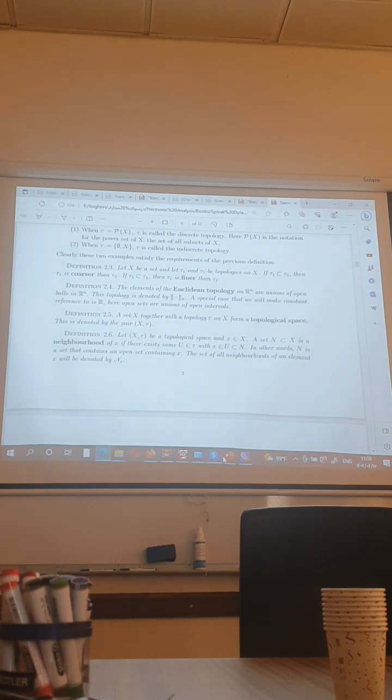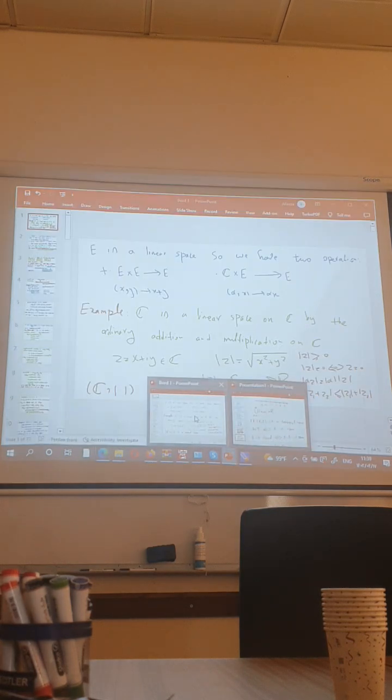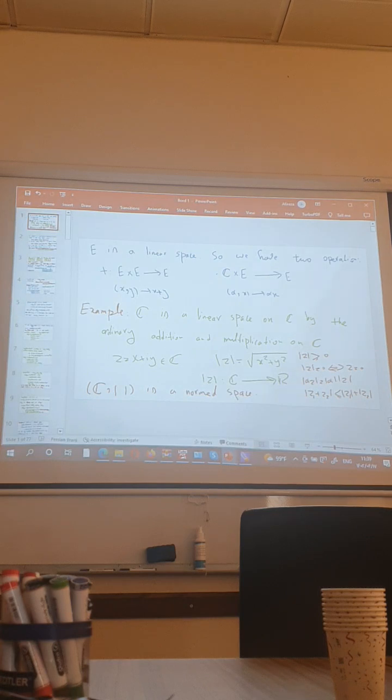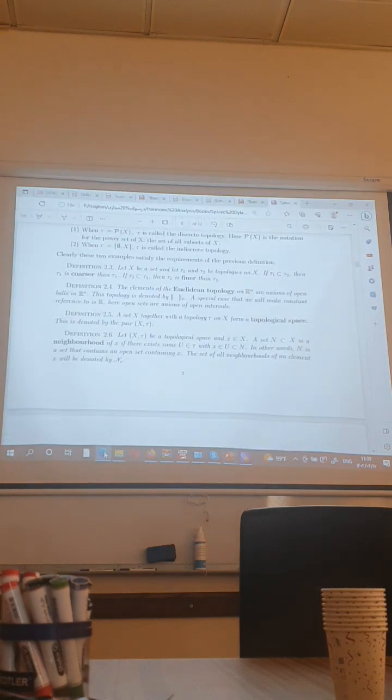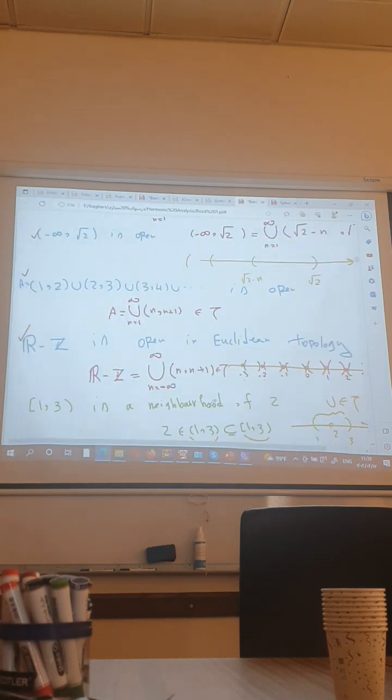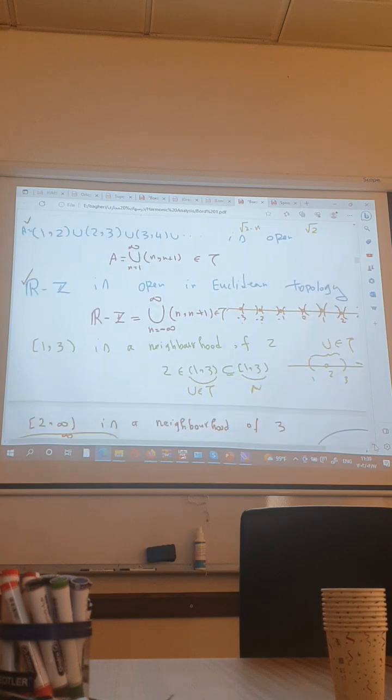Examples. For example, this is a neighborhood of 2. This is the interval (1, 3), okay? It's a neighborhood of 2 because 2 belongs to this open set. This is an open set, okay? And this is a subset of N, okay?